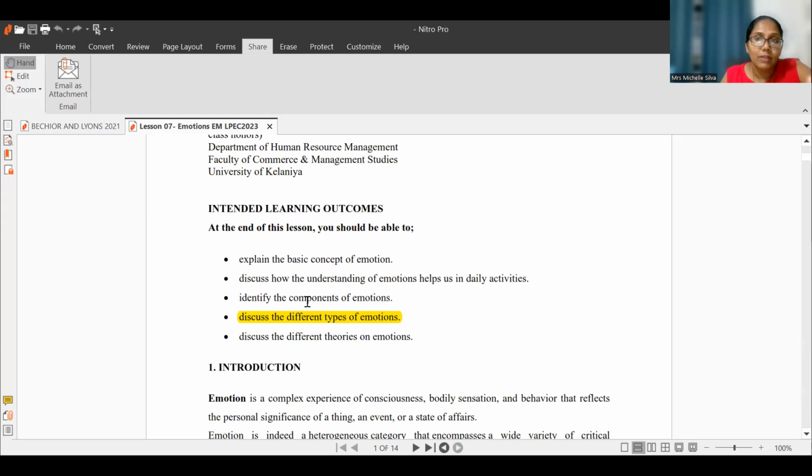According to Paul Ekman, we have identified 6 emotions. They are fear, disgust, happiness, surprise, anger, and sadness. Apart from that, we have discussed 8 or 9 emotions. I have given you a brief explanation of each, and discussed the different theories on emotion.